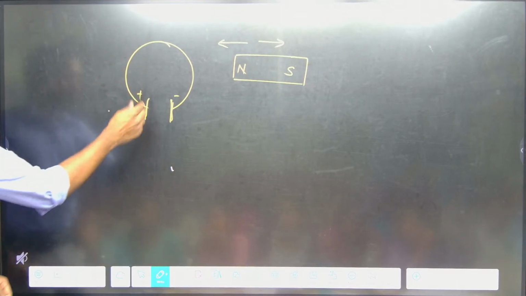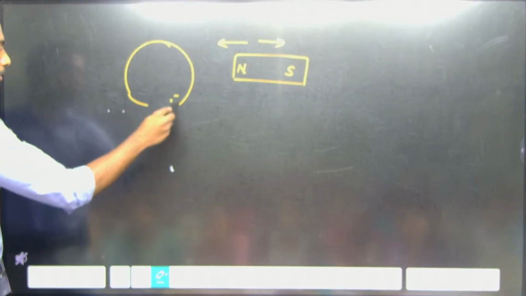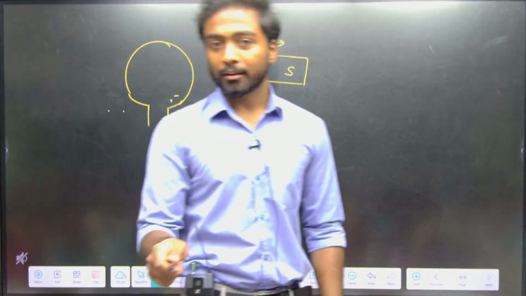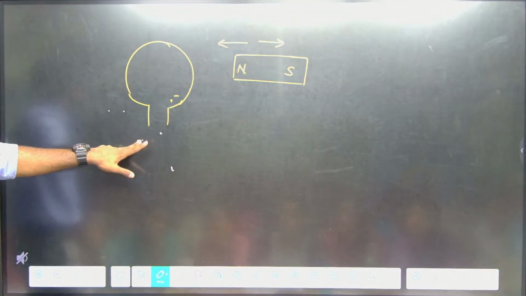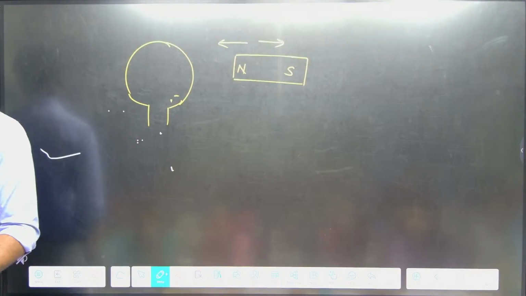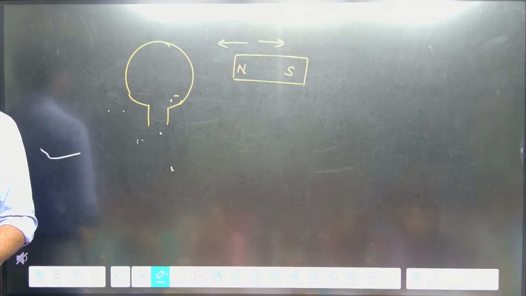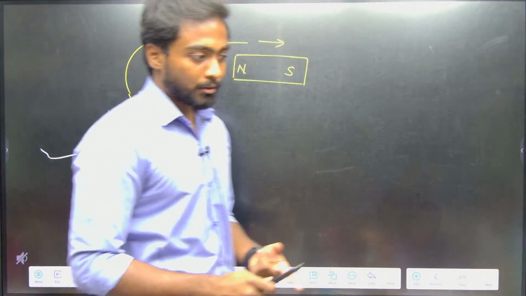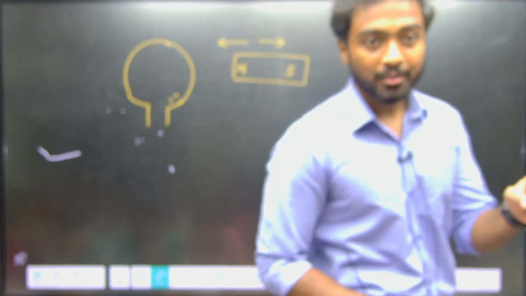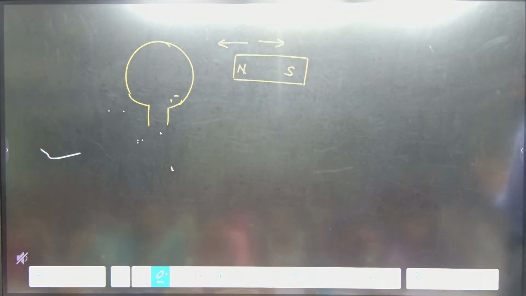If I try to connect the galvanometer to the open loop, then I can feel the current. If EMF is not there for the open loop, and if I try to connect the galvanometer here, obviously there is no current, no? Understood the point? So the first point is, even if it is an open loop, due to change in flux, EMF is induced. Due to change in flux, EMF is induced.